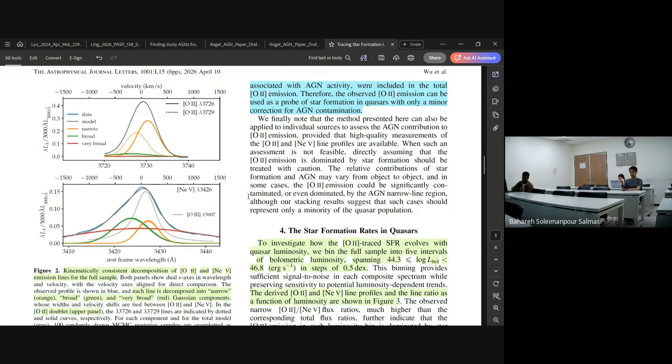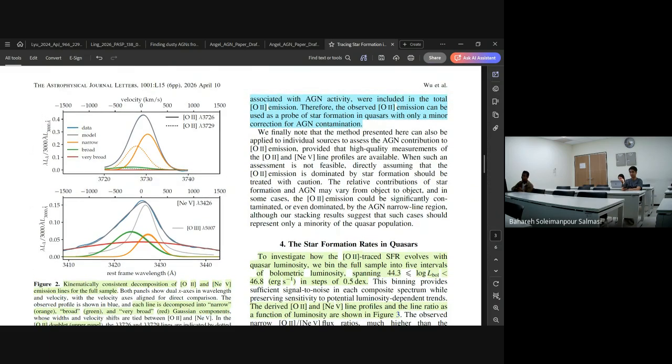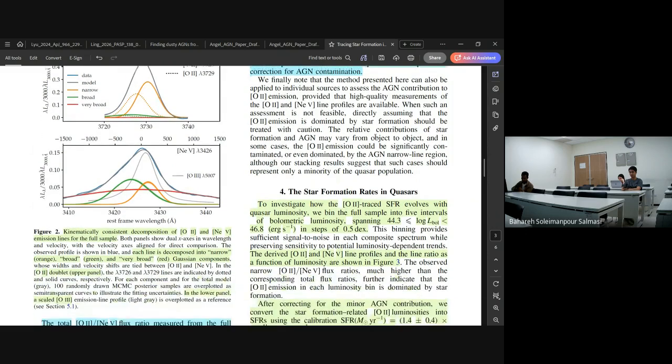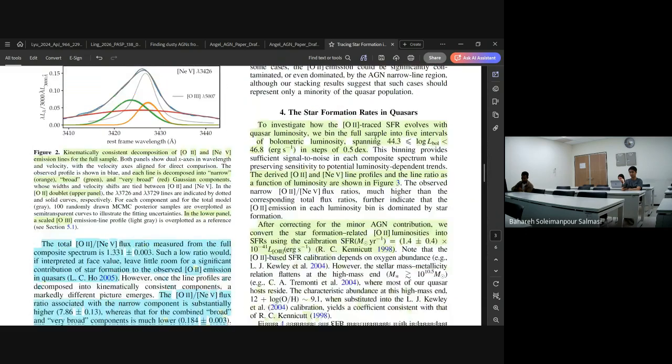Is it telling us that there's more star formation? Is it telling us that there's more AGN contamination? That is basically what they do.